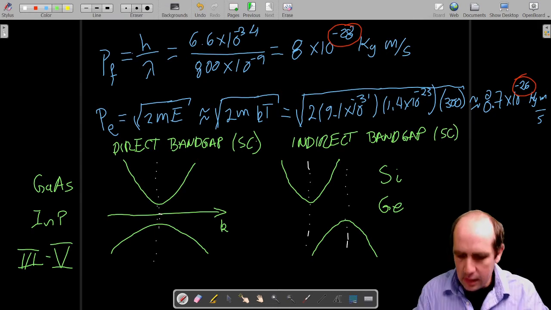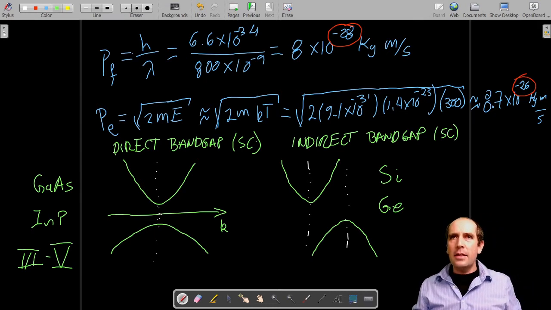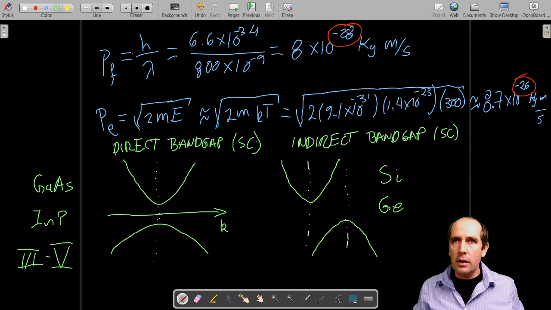Okay? This actually changes things quite a bit in terms of the way these materials interact with electromagnetic radiation. It also changes what kinds of optoelectronic devices can be made with the two types of semiconductors.